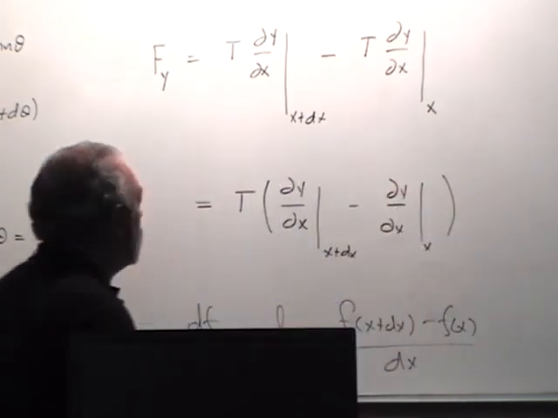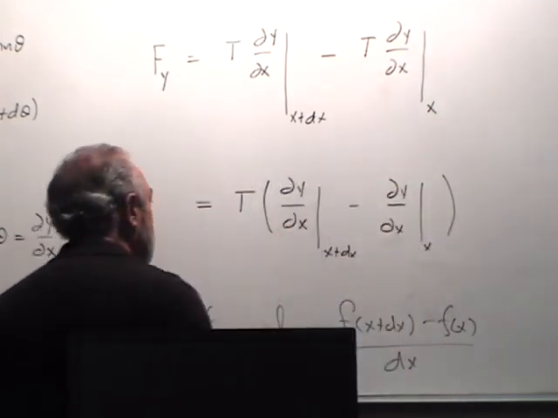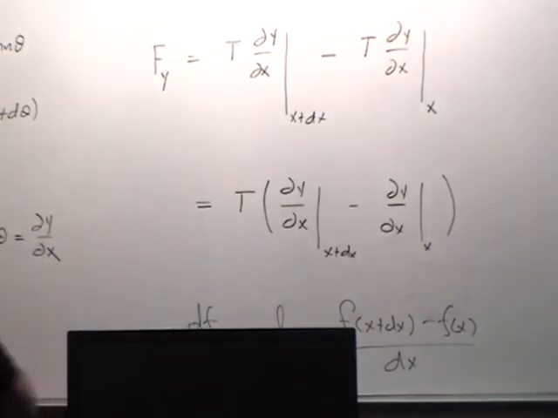The definition of a derivative. That's what we have right here, is the definition of a derivative. So that's in Appendix A4 if you didn't remember that, and I had to look at it to make sure I remembered it properly. So now we have the definition of the derivative right there.